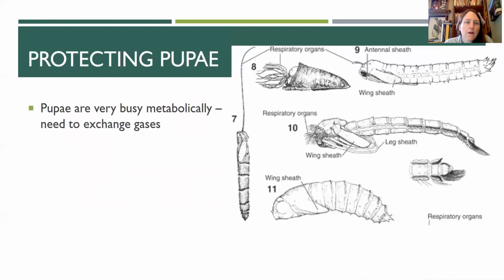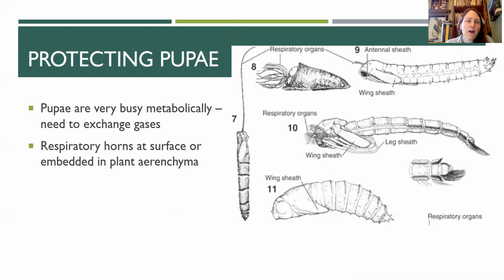So sorry about the order there. So pupae are very busy metabolically. So they're doing a lot of work. They're not really growing, but they're developing intensely. And so they need to exchange gases. And so they often have these respiratory horns at the surface or respiratory organs to somehow bring oxygen into their case, especially if they're in some kind of a case.